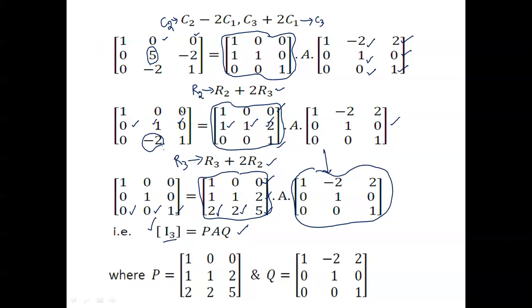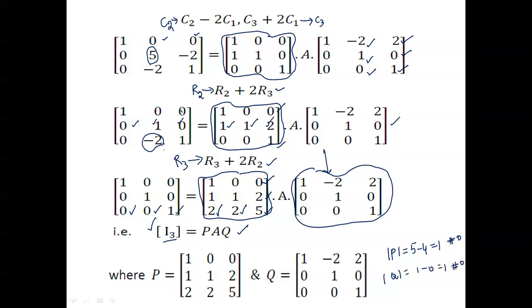We observe that here det P equal to 1 into 1 into 5 minus 2 into 2, 4, that equal to 1, not equal to 0. The same way, det Q equal to 1 into 1 minus 0, that equal to 1, not equal to 0.